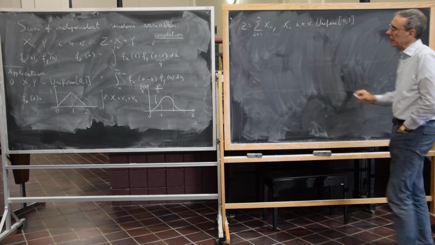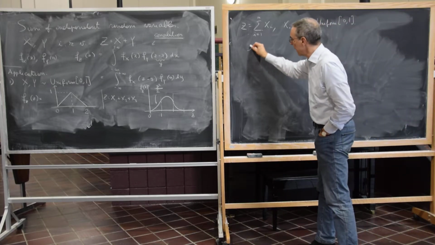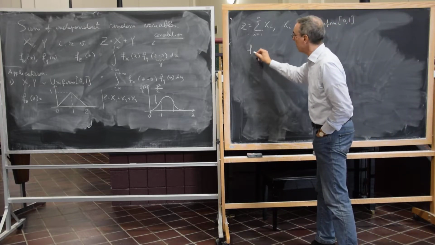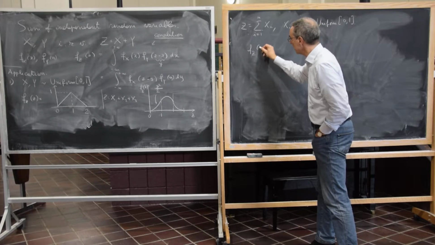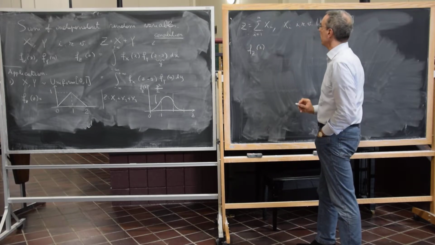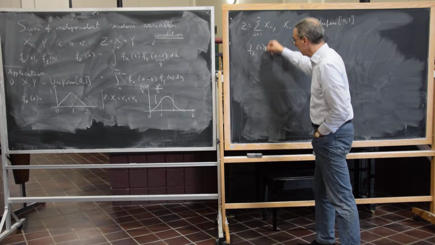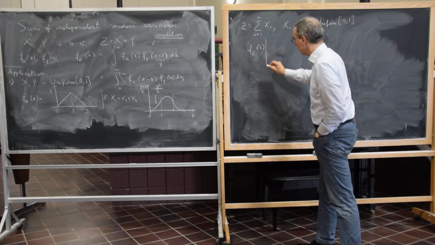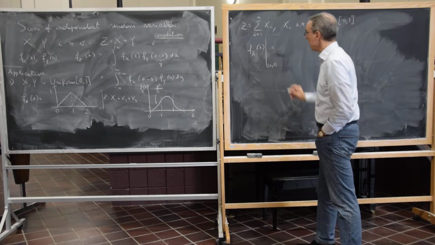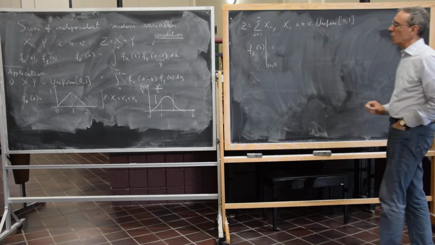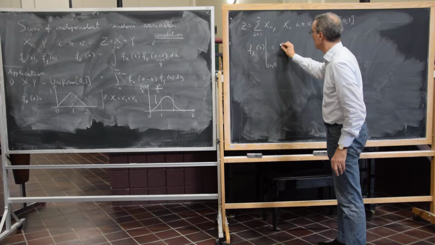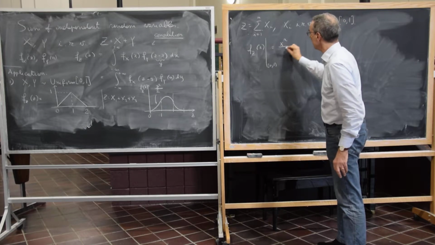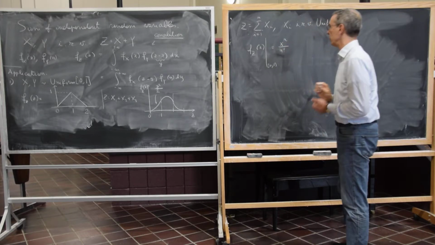Now we show that the shape of f_Z of z, restricted to the interval 0, 1, is equal to z to the n divided by n factorial.